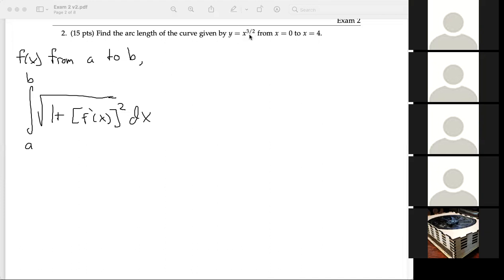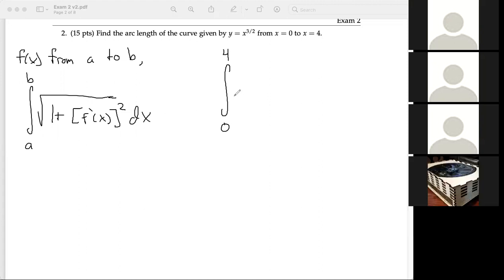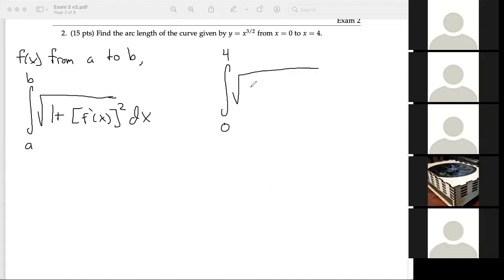Our function is y equals x to the 3 halves, and that's what we're going to take the derivative of. So we have the integral from 0 to 4, the square root of 1 plus the derivative of x to the 3 halves, that's a power rule.